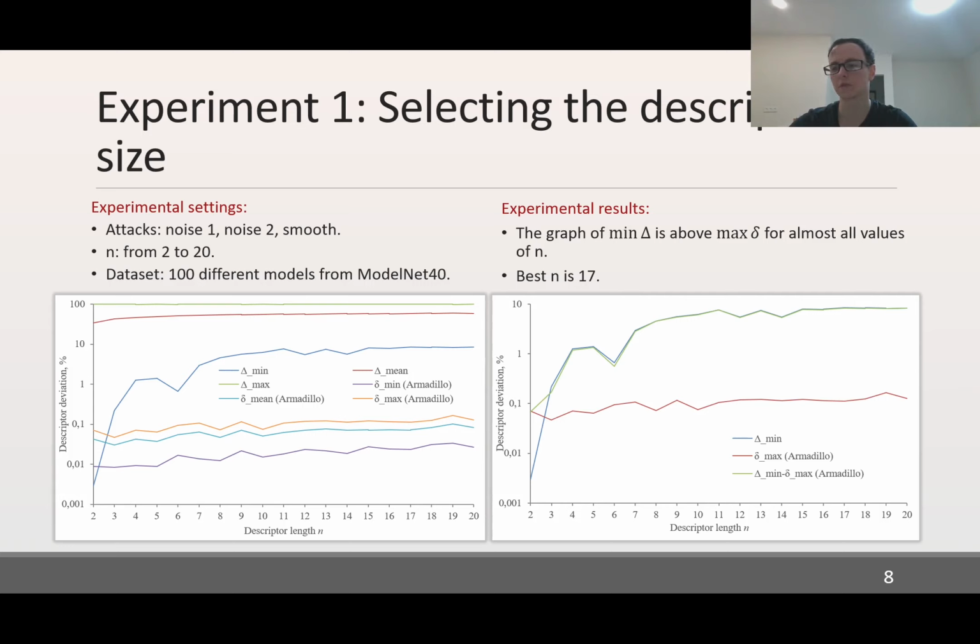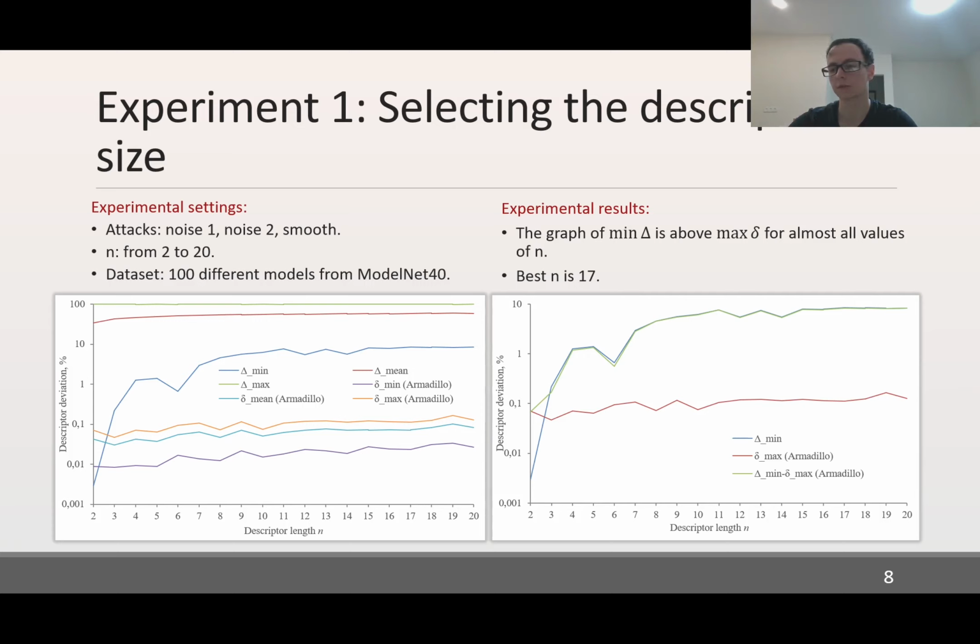To find the most preferred value of the descriptor length, we find the difference between mean upper delta and max lower delta, and the size for which the difference is the largest we take as the most preferred value. In this experiment, the best size of n is 17.